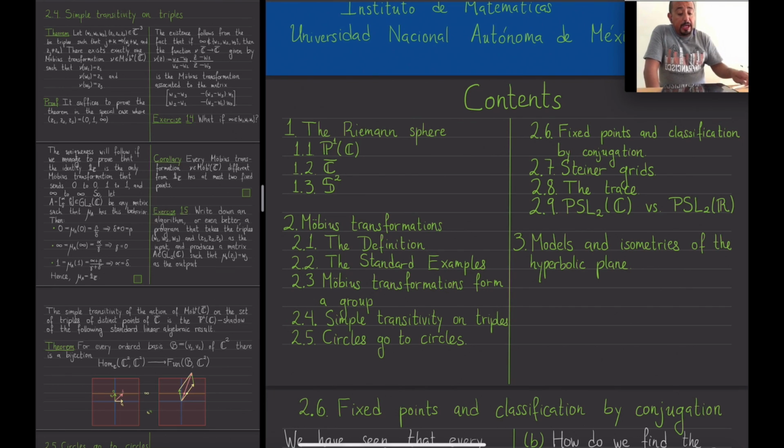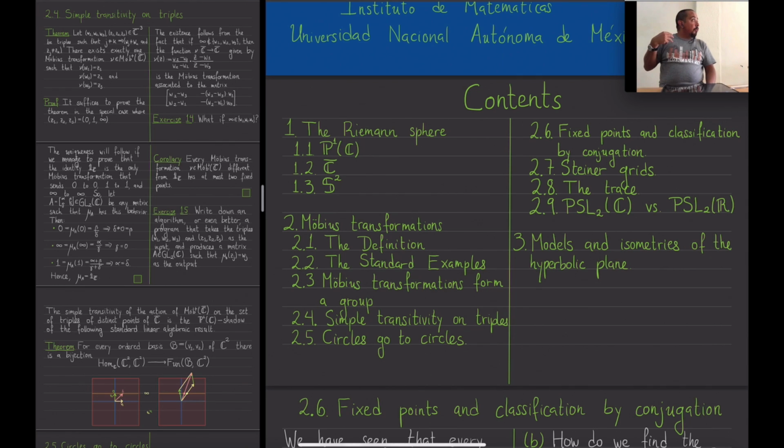Okay, now today I'm going to show that the fixed points of any Möbius transformation can be computed explicitly, right? Because once we know this simple transitivity on triples, then we know that if you give me a Möbius transformation and this Möbius transformation has 3 fixed points, then it has to be the identity on the whole of C bar, right?